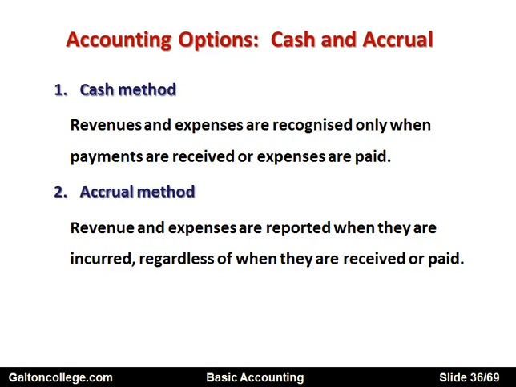The fact that we bought them means that we are honor bound and legally bound to pay for those. But we will enter them into the accounts straight away, even though the payment has not been made. So two different approaches.